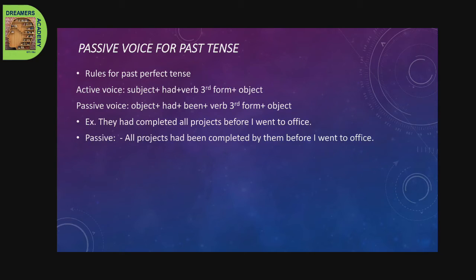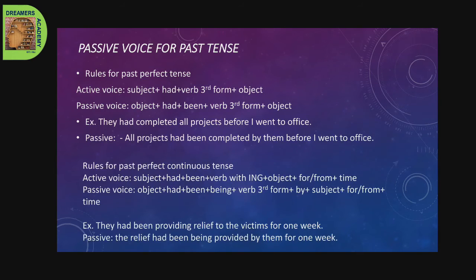Then we come to the next part, that is the rules for past perfect continuous tense. The active voice rule is subject plus had plus been plus verb with ing plus object plus for or from time.